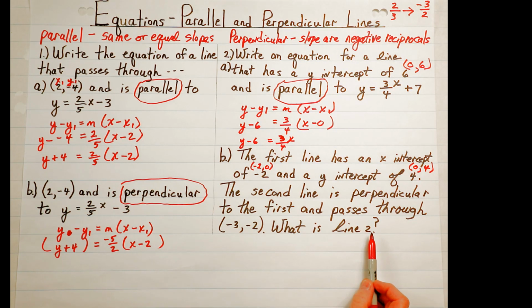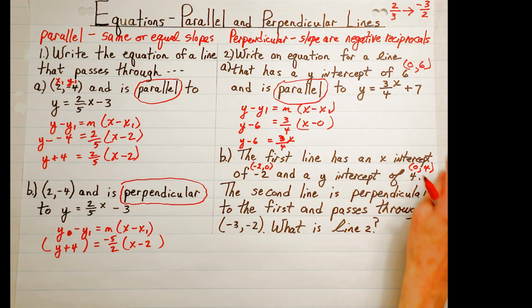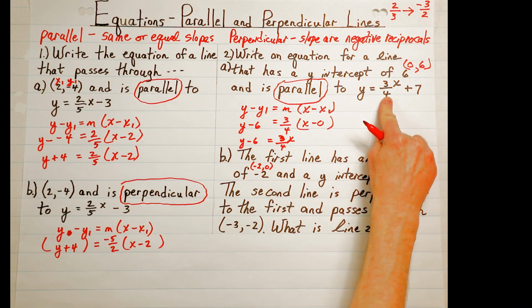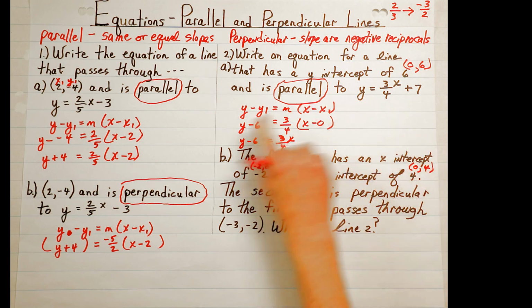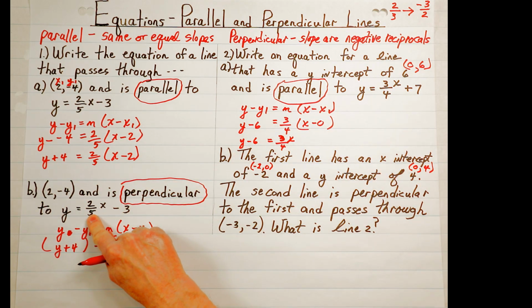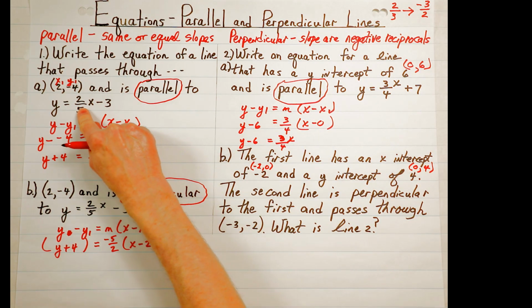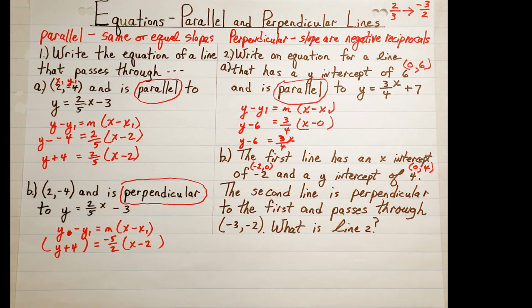Well, the first thing we need is a slope, and we're not given an equation. Now in the previous parts, in 1a and 1b, we were given a slope. Here there's no slope given as part of an equation.